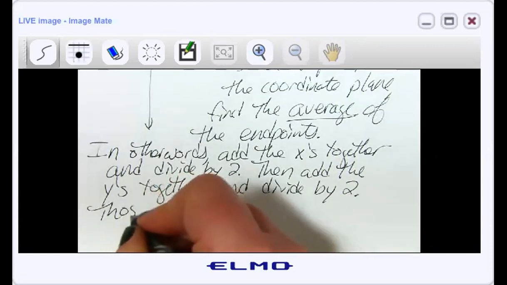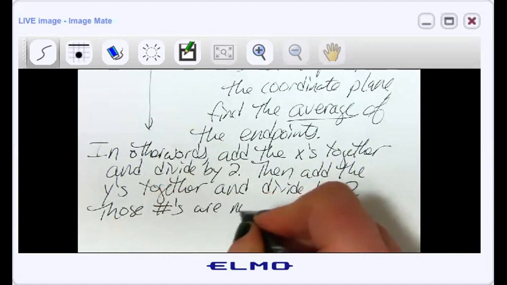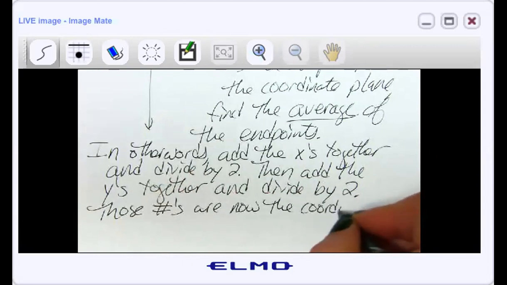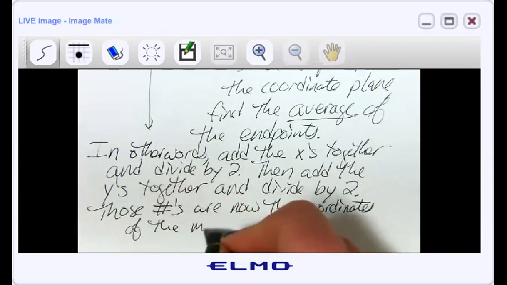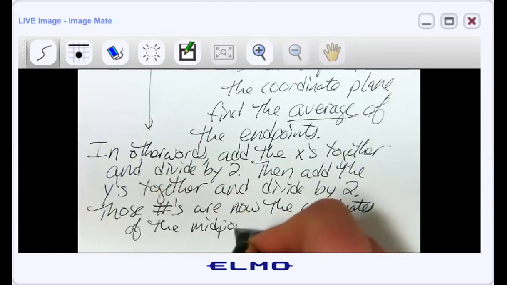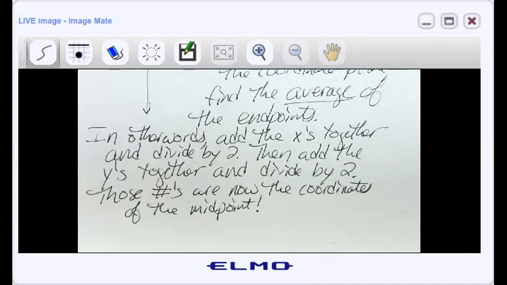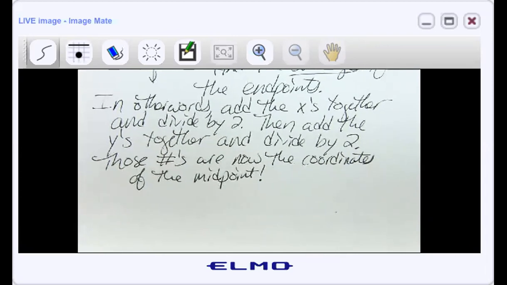Those numbers are now the coordinates of the midpoint. I'll show you this in action. Don't worry. Let me just give you a minute to jot this down.